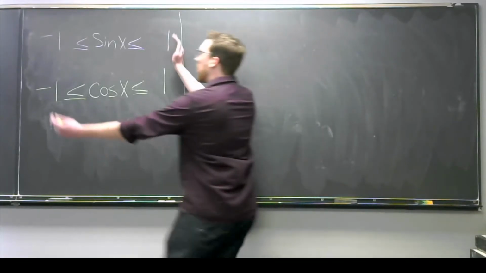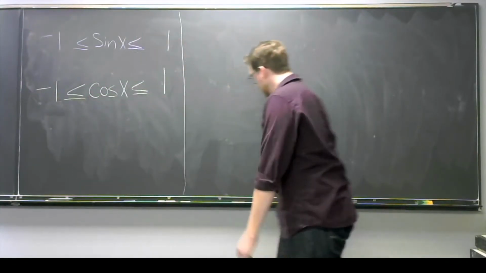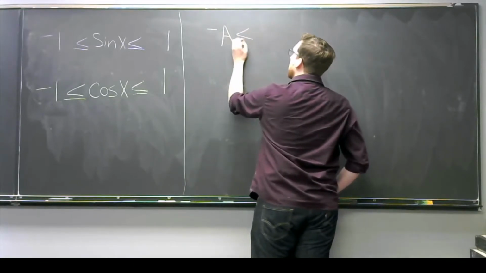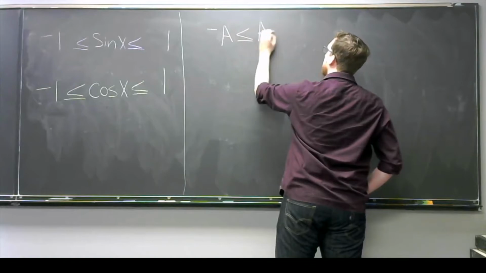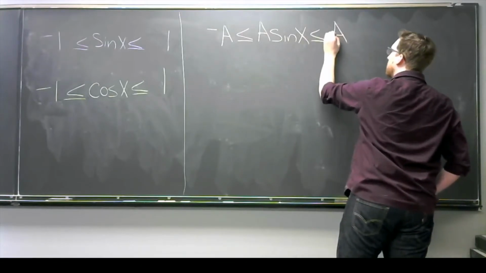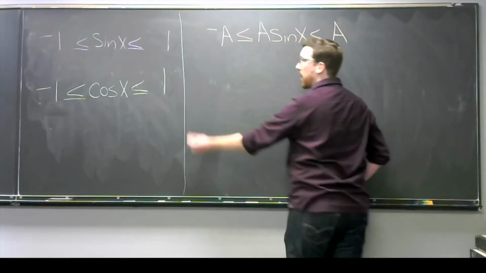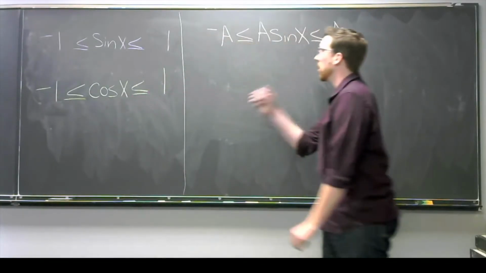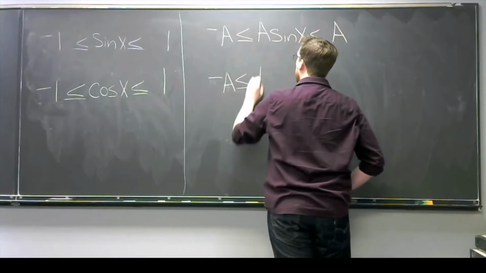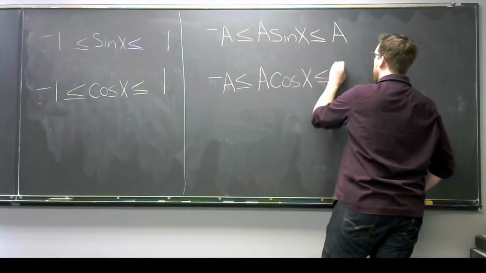So if we multiply all of this by a, we can expect to get -a is less than or equal to a times sine of x less than or equal to a, or if we multiply all of this by a, we can expect to get -a is less than or equal to a times cosine x less than or equal to a.